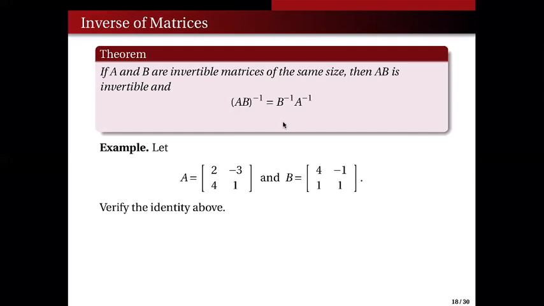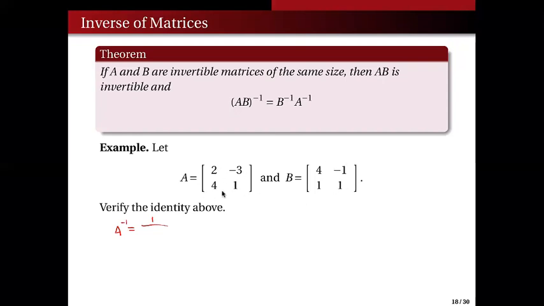So for example, you have this A and B. These two guys here, they are invertible, and we've calculated them. So anyway, let's have the inverses first. A inverse, this is equal to 1 over, we haven't calculated the inverses of this.